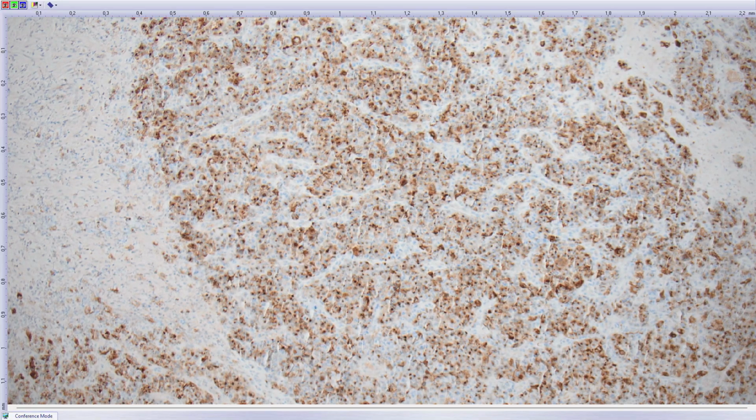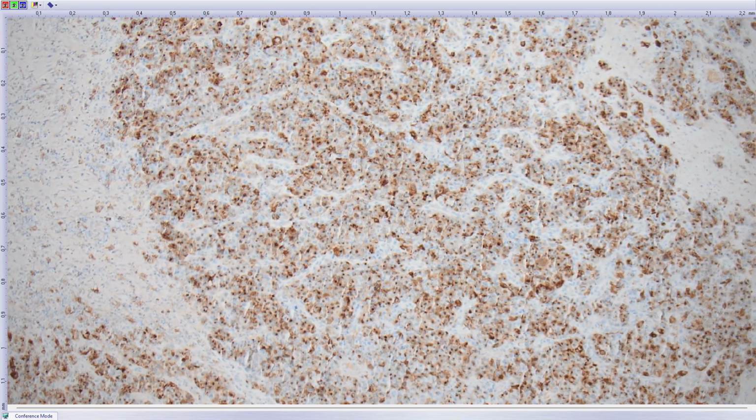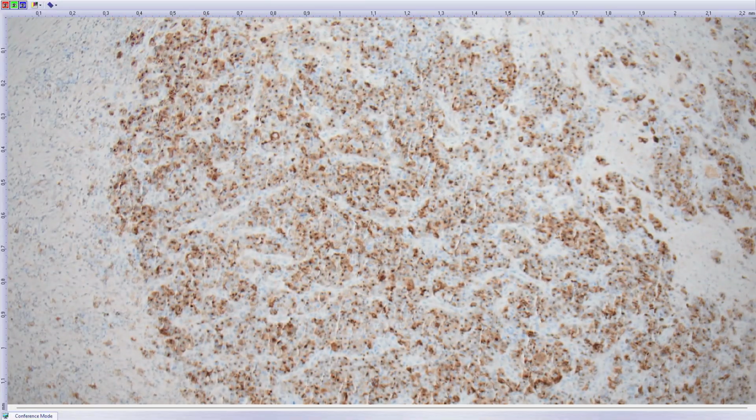So this is one type of lymphoma where the screening marker, CD45, will not work in the majority of cases. You should always have this kind of lesion in your differential diagnosis, because otherwise you will miss an important diagnosis. So this is anaplastic large cell lymphoma, ALK positive. And that's it from my side.